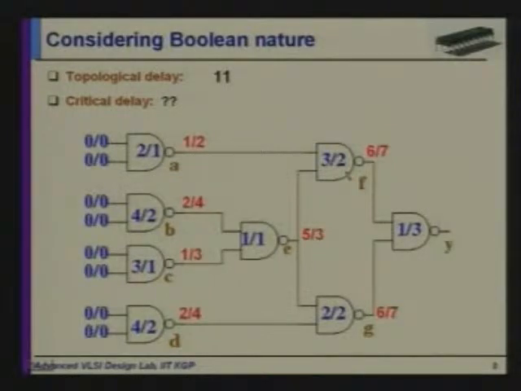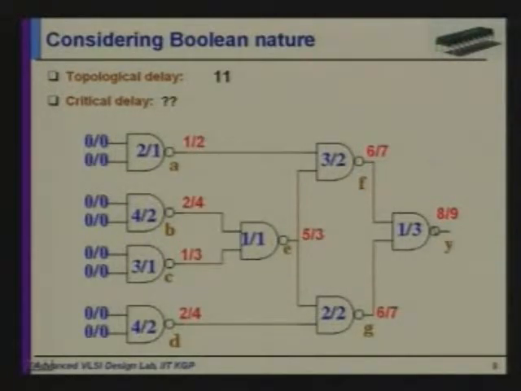So now tell me what the delay will be for node Y. Got the point? 8/9, because 6 is the rise transition here, so it has to be considered fall, so that's 9, and for the other one it will be 8 and 9.